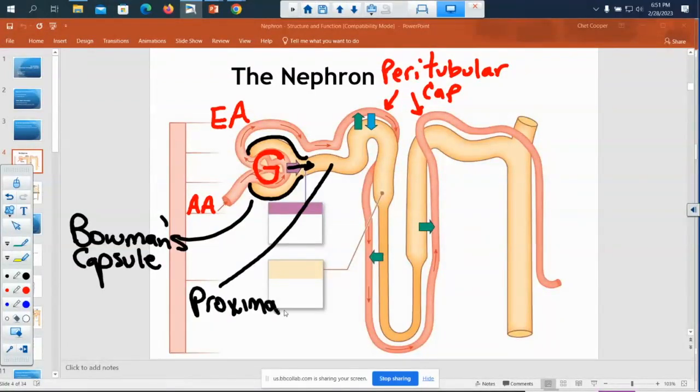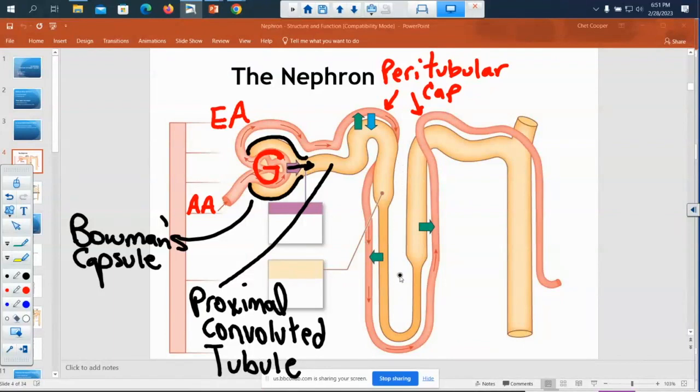Proximal convoluted tubule. Proximal convoluted tubule. What are we going to call this whole thing here?